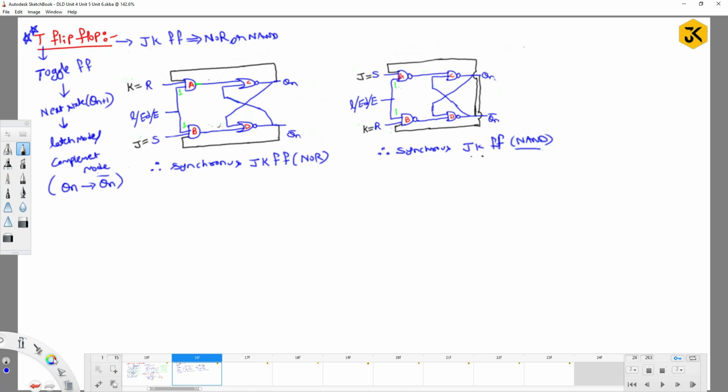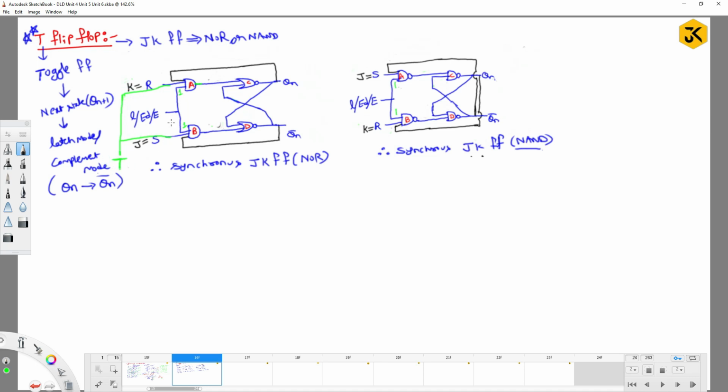Now let's see how to convert this synchronous JK flop using NOR gates into a T flop. Basically, we'll have one input like T, where both J and K are connected to the same input, meaning whatever value we pass here, the same value is going to be produced at the J and K points.